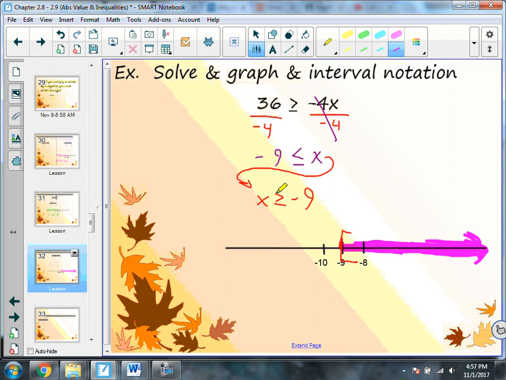Also, remember the little trick where the arrow points in the direction you have to shade, it shades to the right. So bracket, because it can equal -9, and then it goes to infinity, and it can never reach infinity. And if you want, you could say positive infinity if you want to be super thorough, but it's really not necessary.